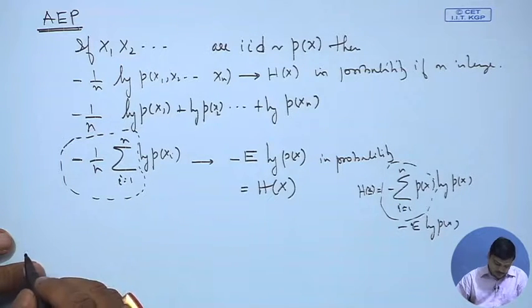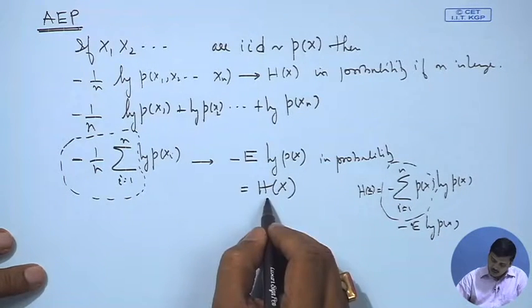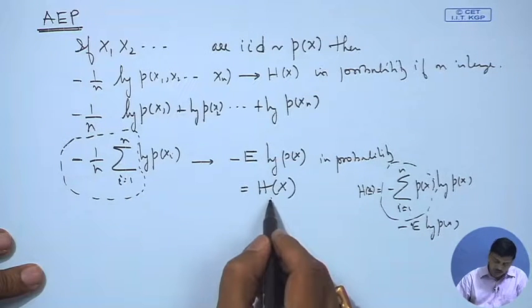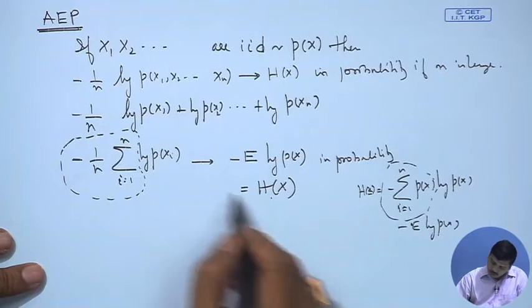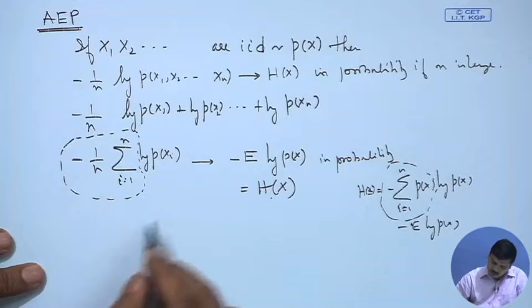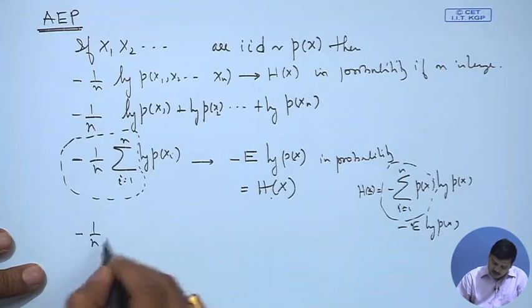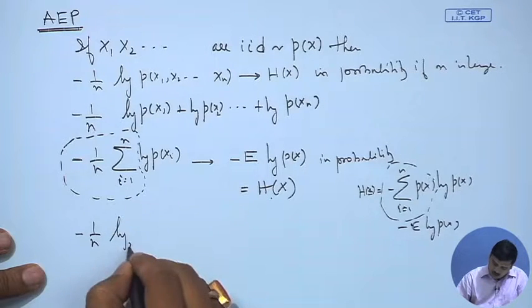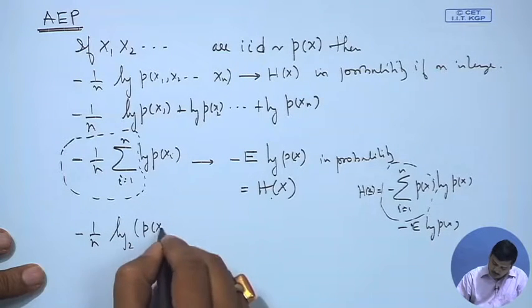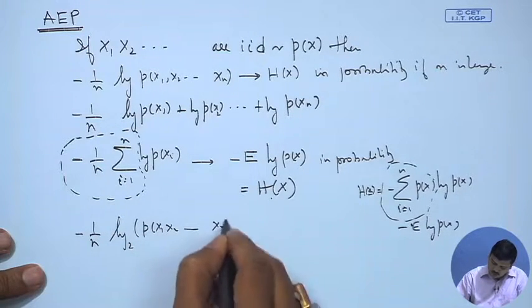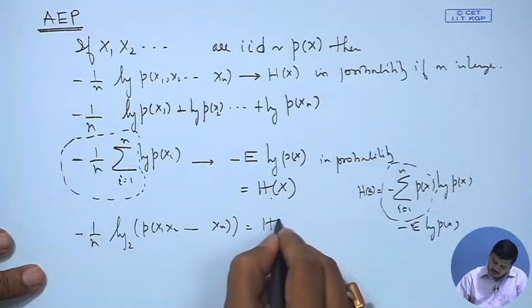Now what are the things that this leads to? If we move down further, starting from this point, what we have is minus 1 upon n log base 2 of p(x1, x2, ..., xn) is equal to h of x.